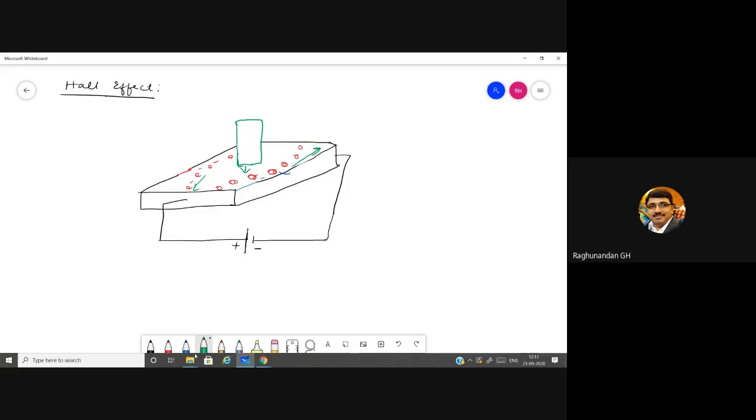If you get confused, no problem. You can take this as holes. Holes are moving like this. Electrons are moving like this, in the cross direction.